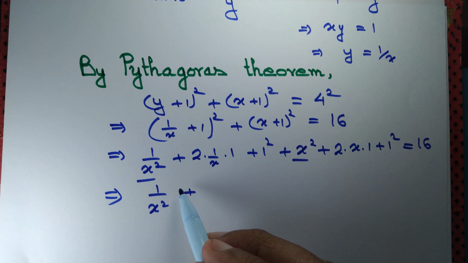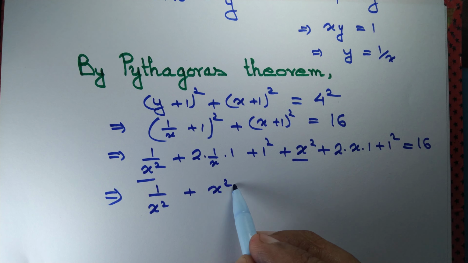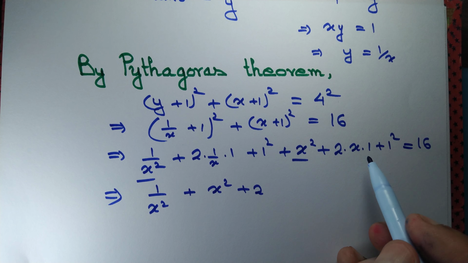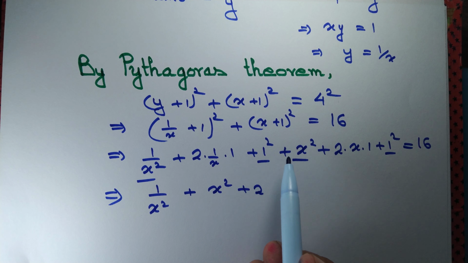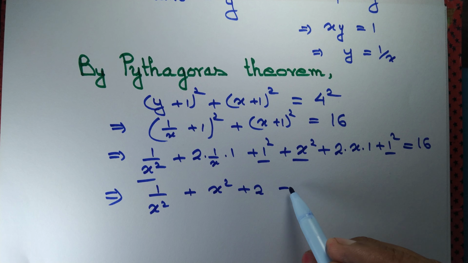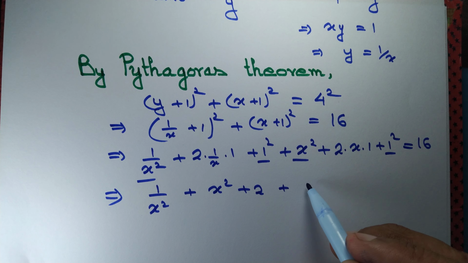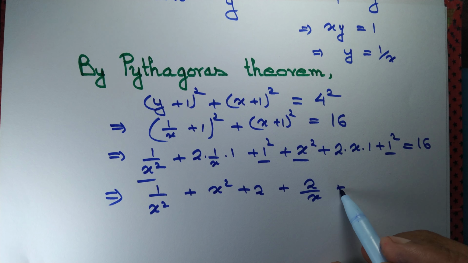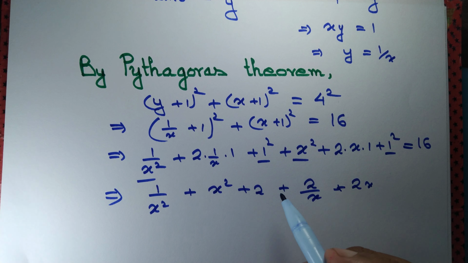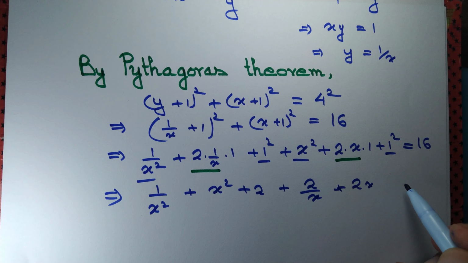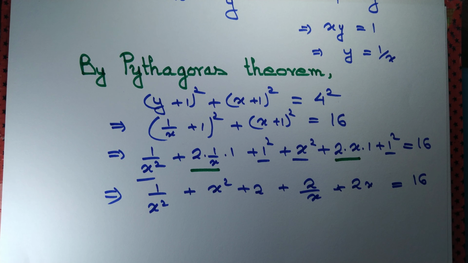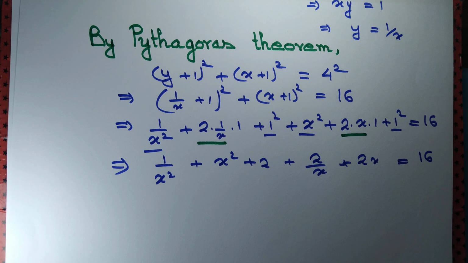Let's write it together: x square, 1 by x square and 2. So we clubbed these different quantities together, and then 2 by x plus 2x we write separately, rest of the expression separately, equal to 16 as it is. What's the advantage? You will see soon.